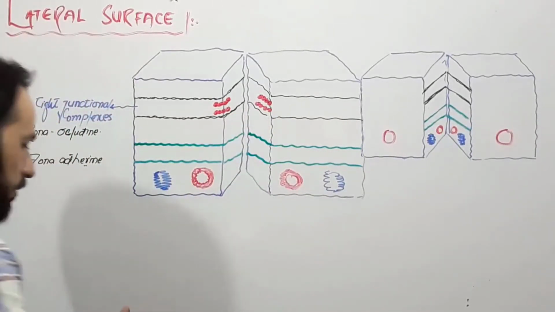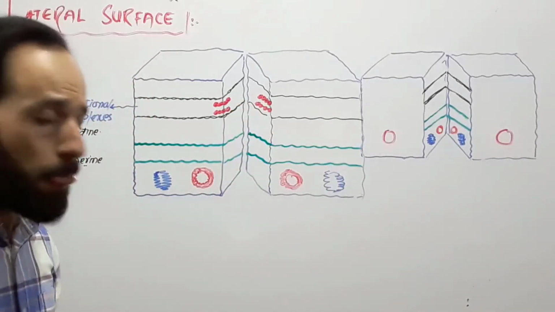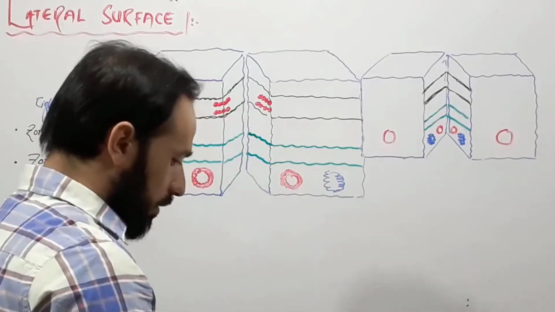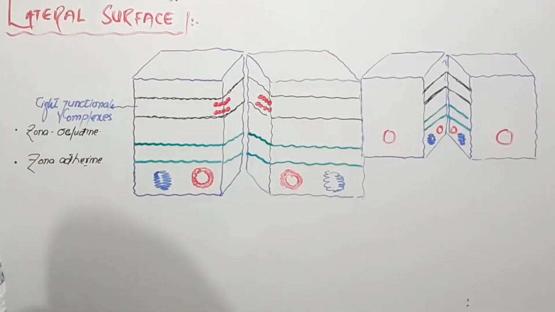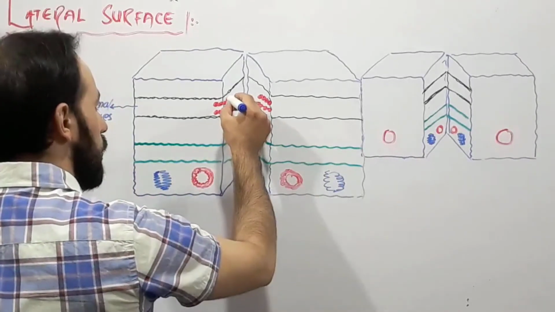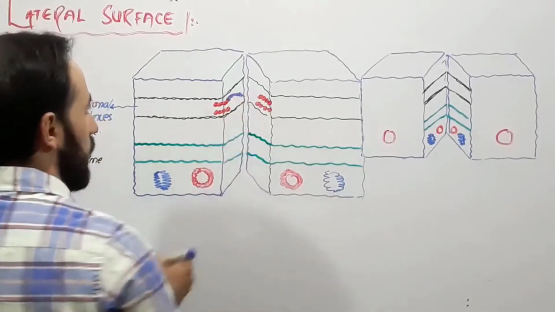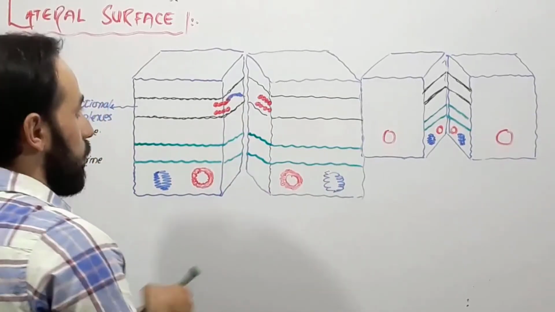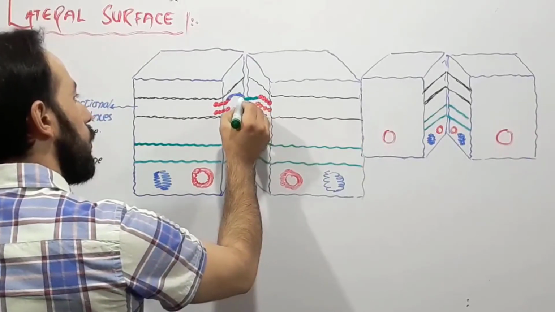And these zonular proteins are connected to another group of proteins which are called occludens and occludens. Look carefully, these are some proteins which are called the occludens, and from that side there is another group of proteins which are called occludens.